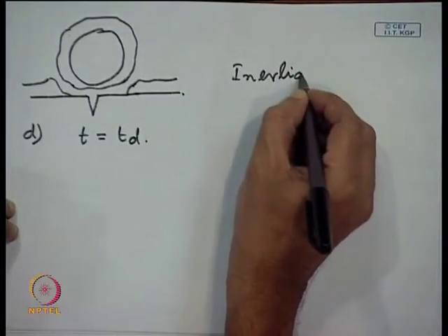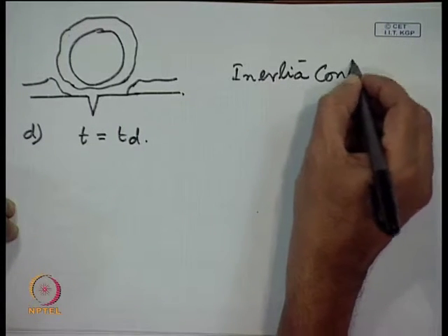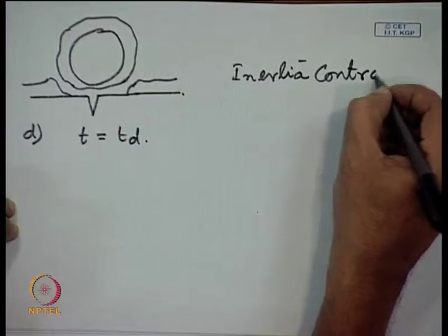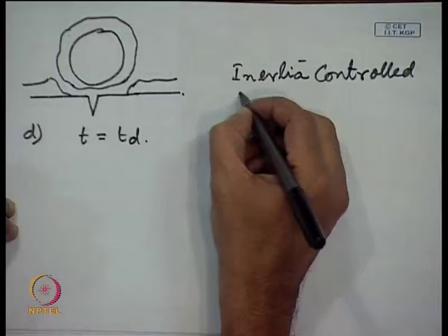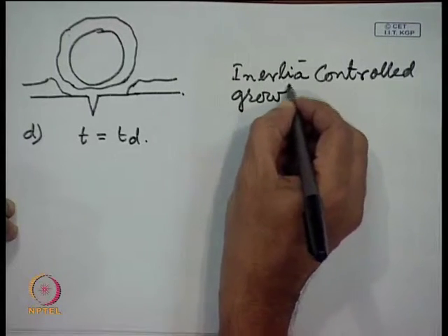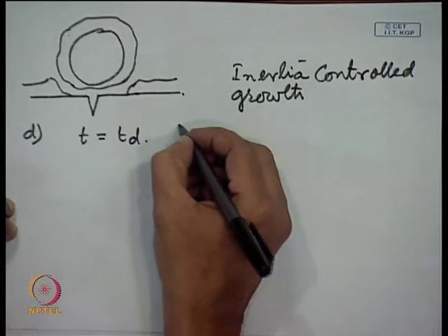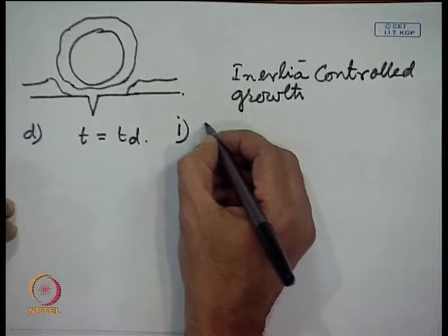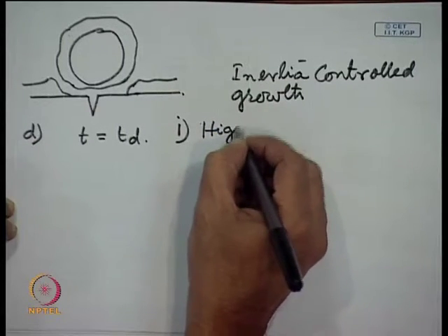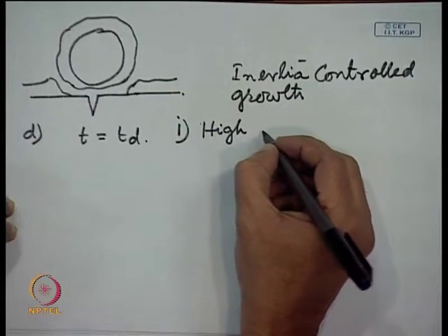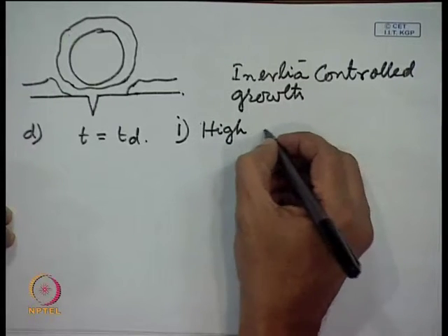Now, if we list down the parameters which are responsible for bubble growth and when we can have inertia controlled growth, these are like this. Inertia controlled growth: first, it needs high degree of superheat at the wall.